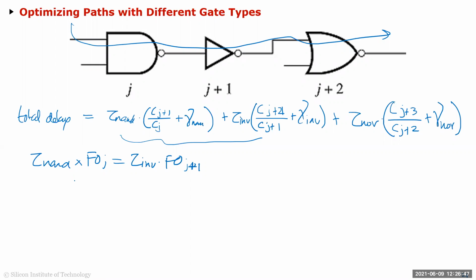Or in words, you take any 2 stages, then tau times the fan out of that given stage should be equal to tau times the fan out of the next stage.